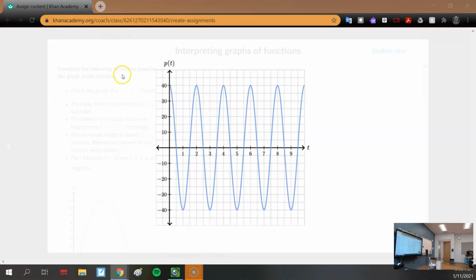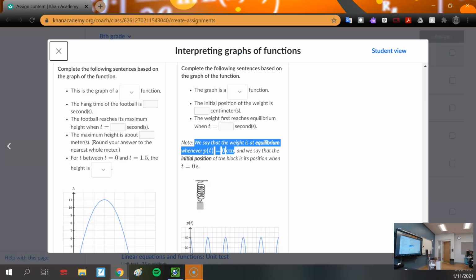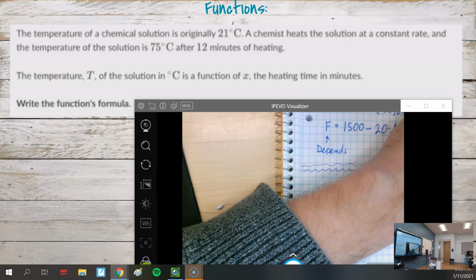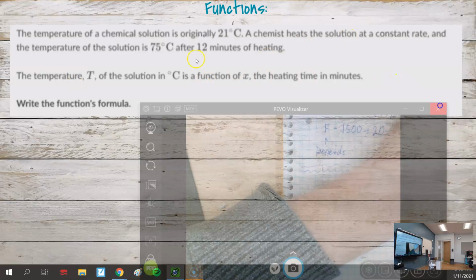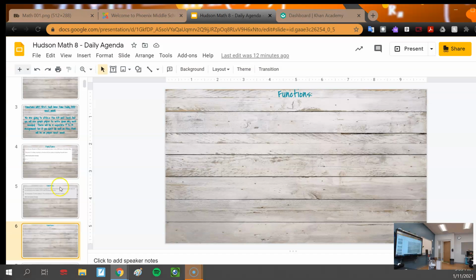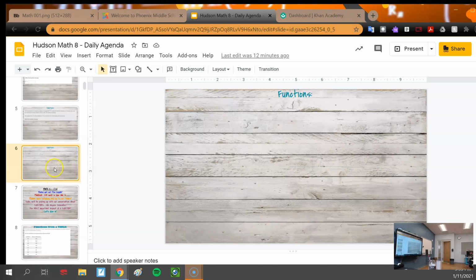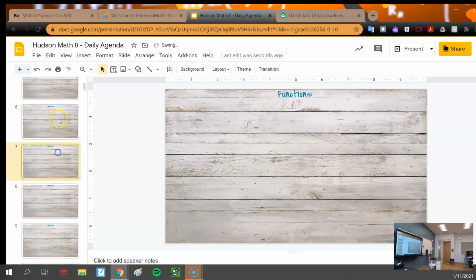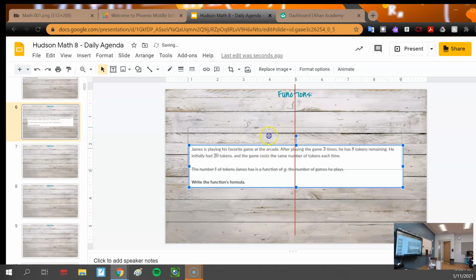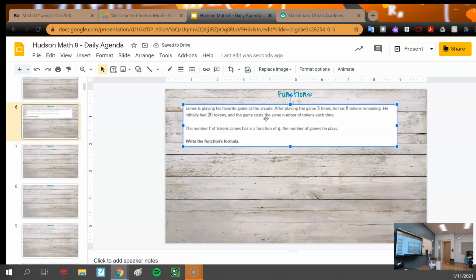Okay, so here, sorry, just give me a second to get this up here, but I've got your question. You gotta be really careful when they say such and such as a function of such and such. So when we talk about the general way that we write functions, we talk about y as a function of x.